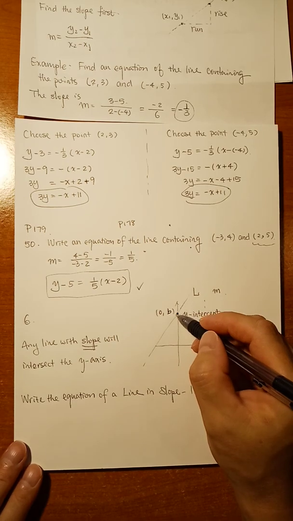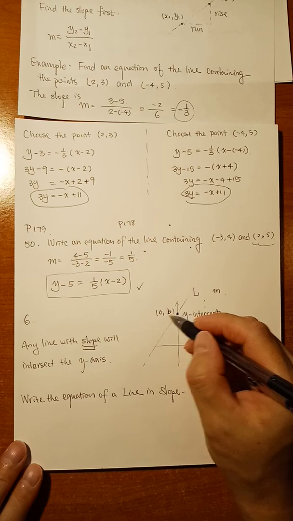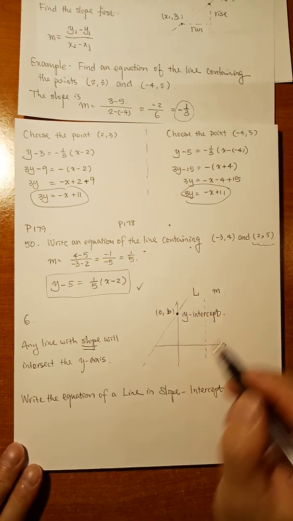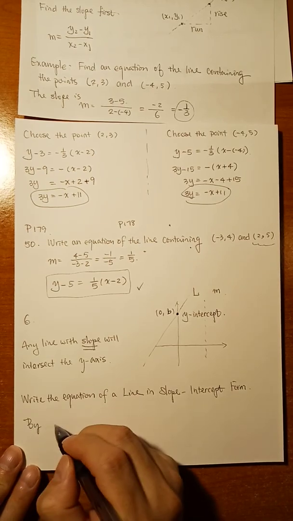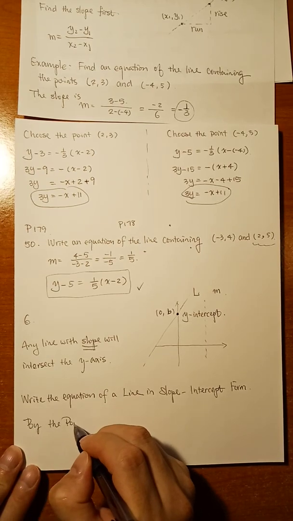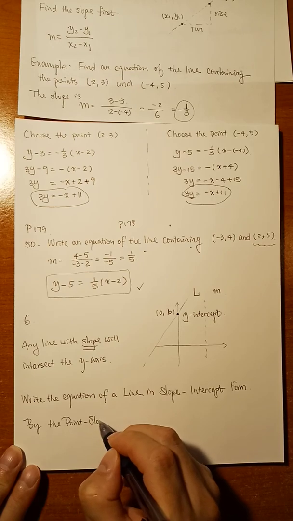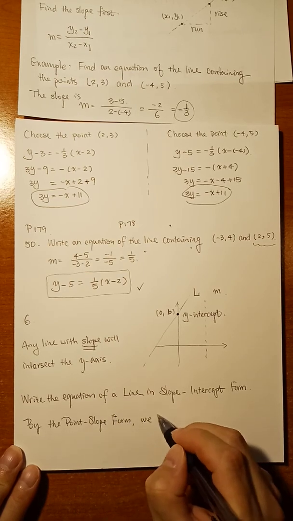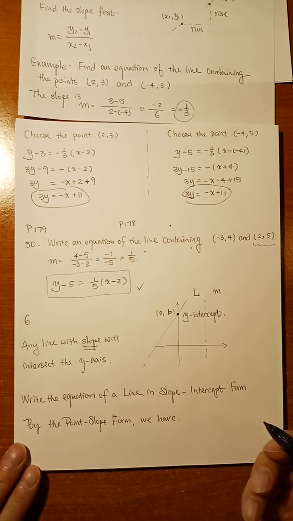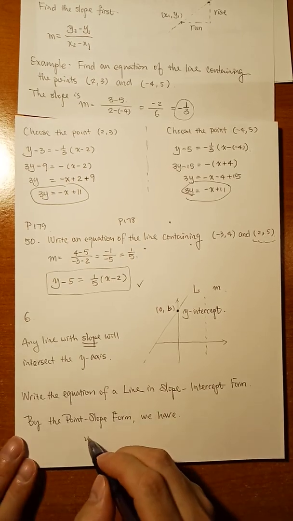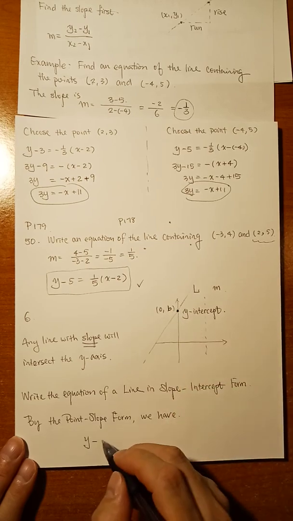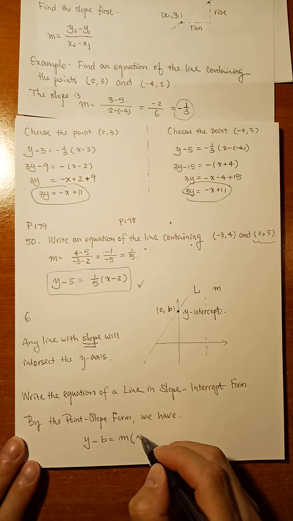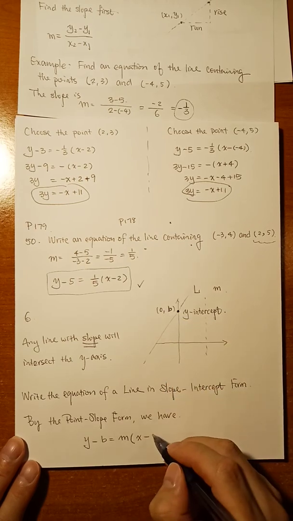Okay? So this is a point. (0, b) is a point. m is a slope. So we have a point-slope form. By the point-slope form, remember what we have: y minus y coordinate is equal to slope times x minus x coordinate.